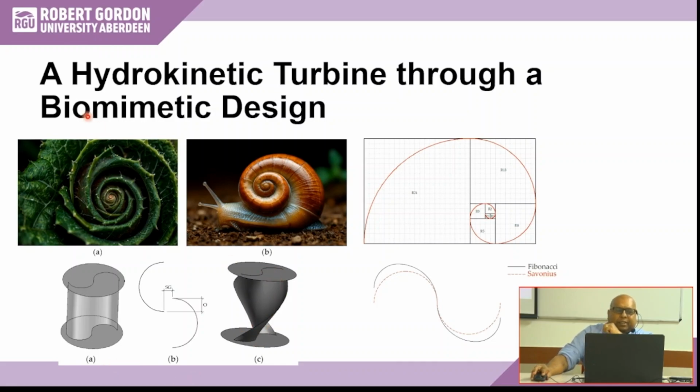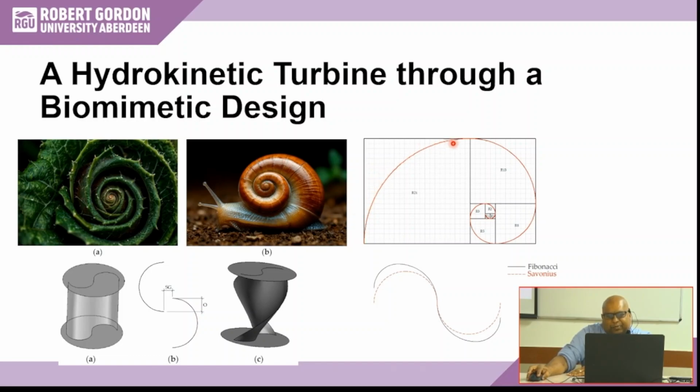Now this is biomimicry. You look at nature and the environment and see what type of curve is there. If you look at this, I guess this is a fruit, and this is a snail, and the curve is what you call a Fibonacci circle structure, Fibonacci.